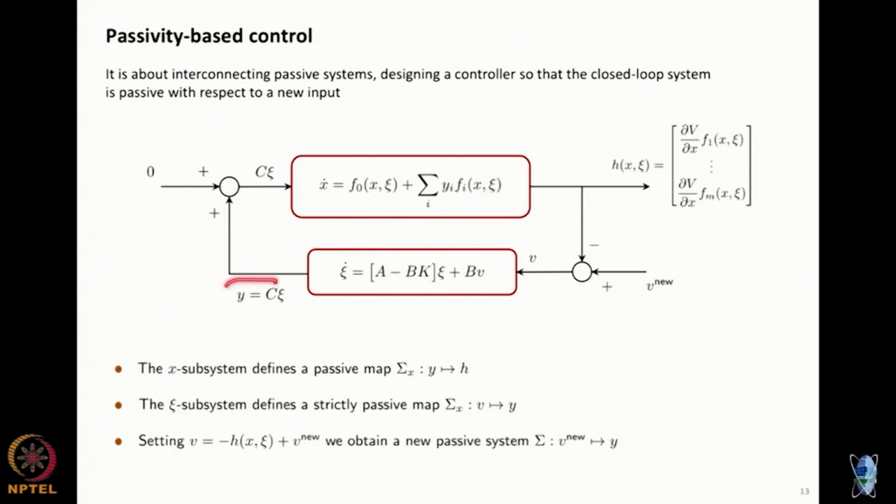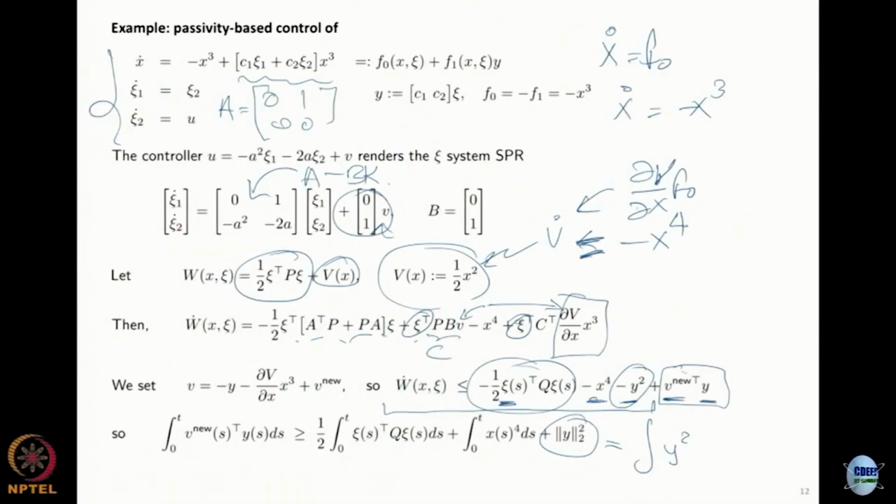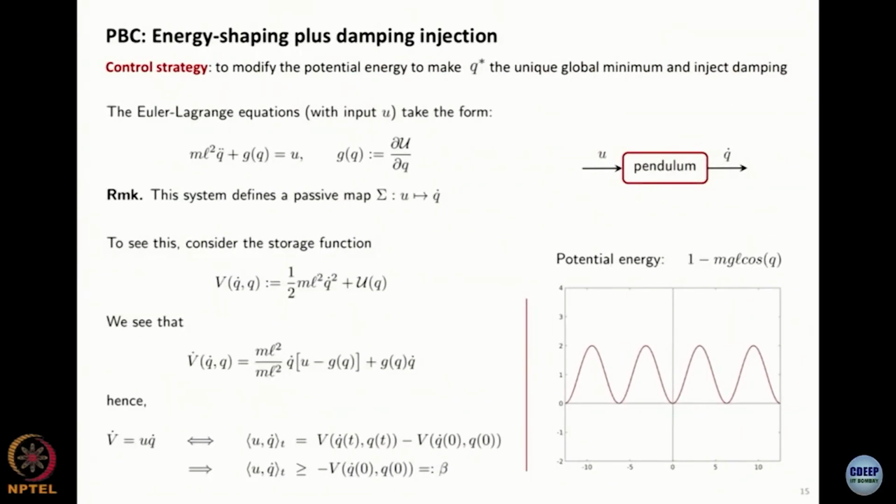It appears like this. Remember, you have to be able to factor out of your nonlinearities this y, which happens to be exactly c times psi. And in this case, that output is this. But then again, it's really about choosing the right output in your system to define this passivity property from the right output. And if you have these structural properties, you will be able to do things.